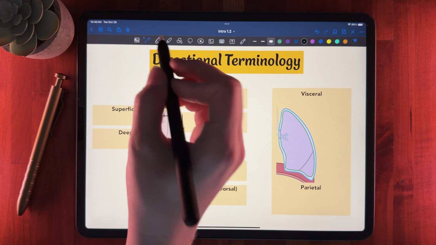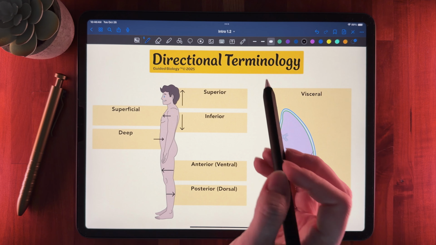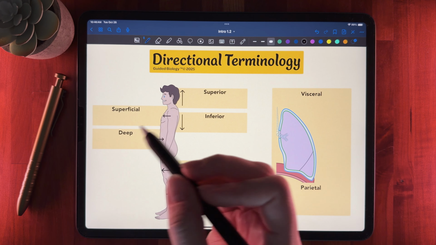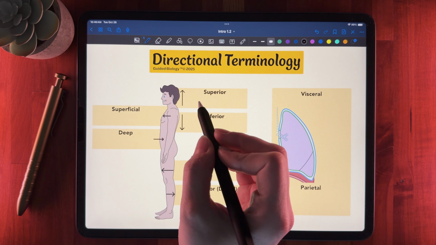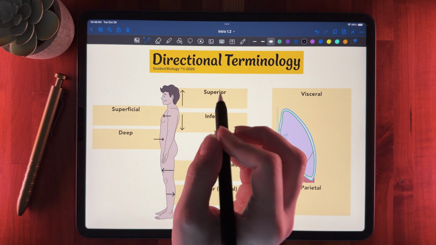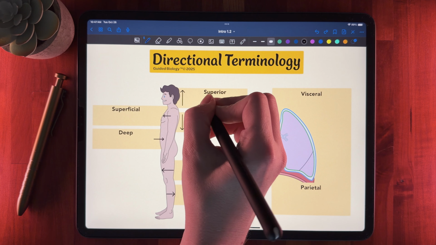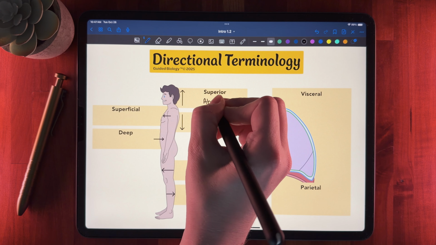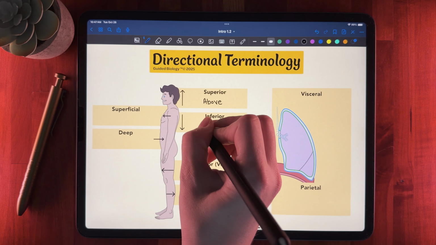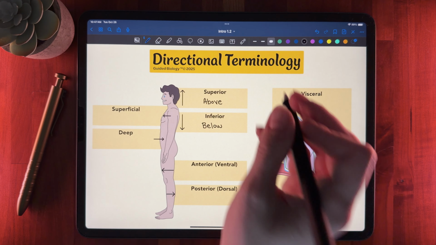Okay, so let's go through our first terms. We'll start off with some simple ones. These directional terms usually come in pairs, pairs that have opposite meanings. We'll start off with the term superior. Superior refers to a structure that is above another structure, and its counterpart term, inferior, refers to a structure that is below.